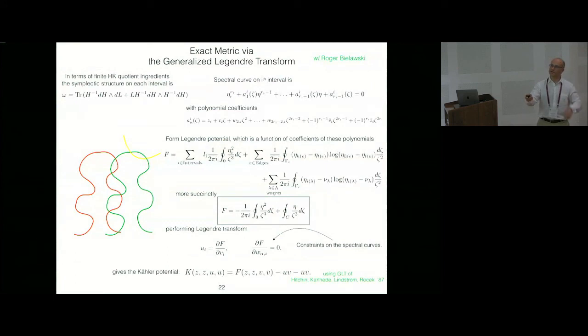Then we form a Legendre potential. So we write a very specific function for these. In fact, this complicated function can be written fairly succinctly as a single integral over the contours of this combined curve that I mentioned before. So let me now single out what the terms are here. First, there are curves for each interval. Some of them we consider intersecting and some not.